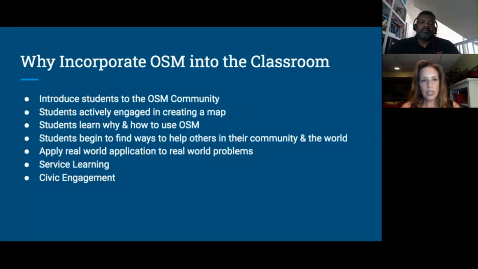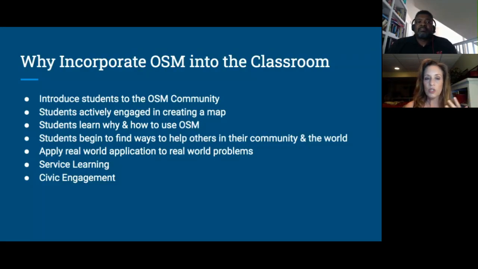So when we're looking at incorporating OpenStreetMap in the classroom, a lot of people say, why should I incorporate OpenStreetMap? It's important to introduce students to the OpenStreetMap community so that they can become part of this community, not just in the classroom, but for life.